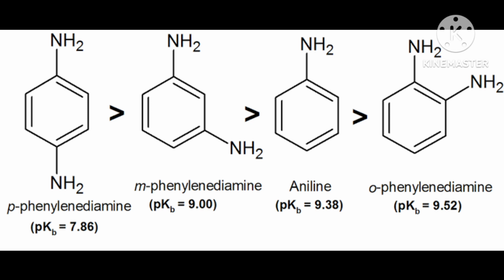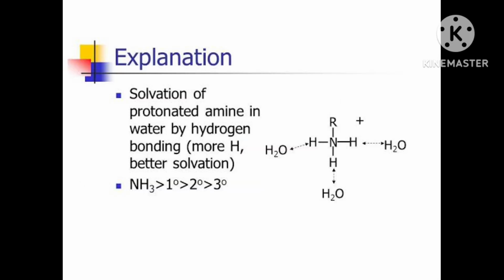R is attached to the NH2. But if in the place of R, H is there, then it becomes ammonia. Same way it will form ammonium ion, NH4+, because now in the place of R, H is there.